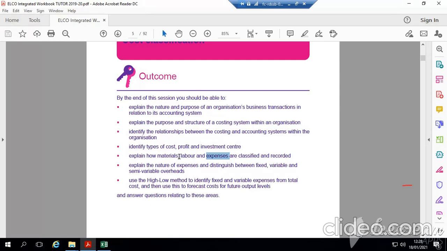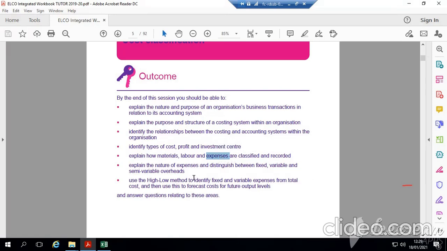For example, material is going to be direct material or indirect material, labor again direct labor or indirect labor. Then other expenses in the business such as rent, rate, heating, light, insurance.